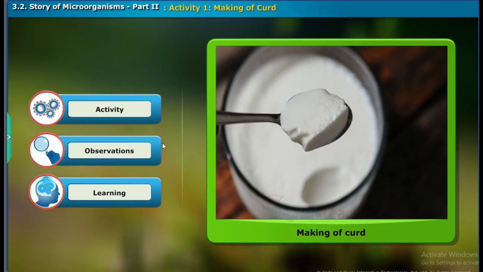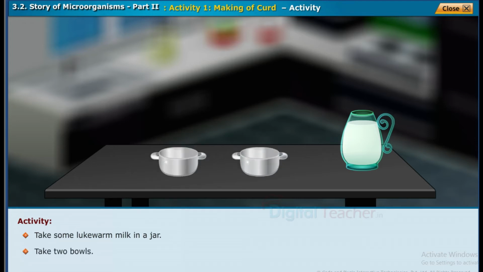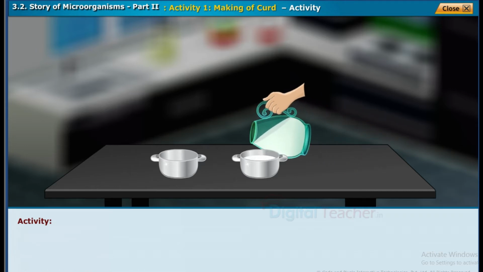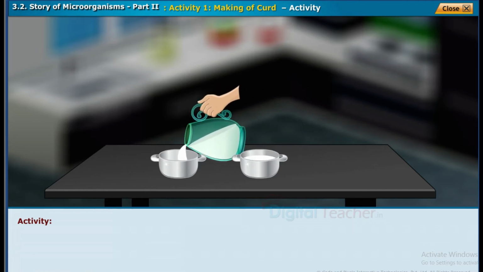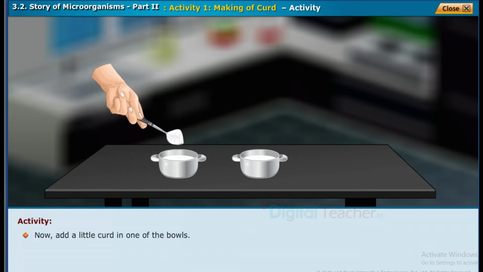Here, let us perform an activity for making of curd. Take some lukewarm milk in a jar. Take 2 bowls. Pour the milk in both the bowls. Now, add a little curd in one of the bowls.